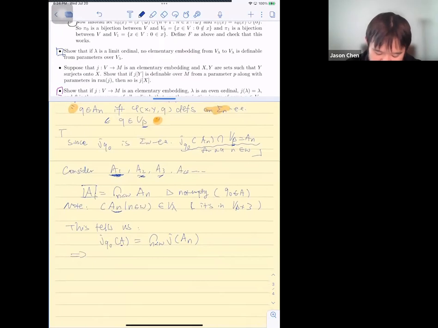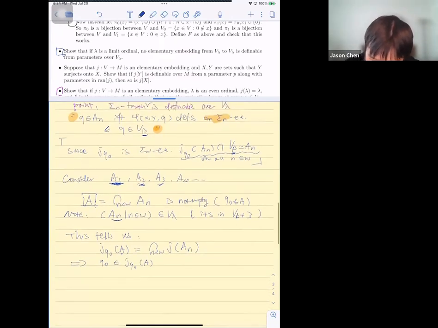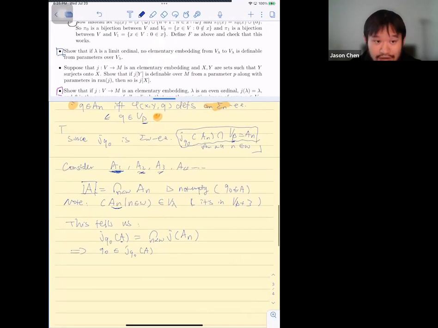But then this implies that Q0 is in JQ0 of A, because this follows from here. When you apply JQ0 to ANs, you stretch it, but whatever's below V beta, you keep it fixed, and Q0 is below V beta.